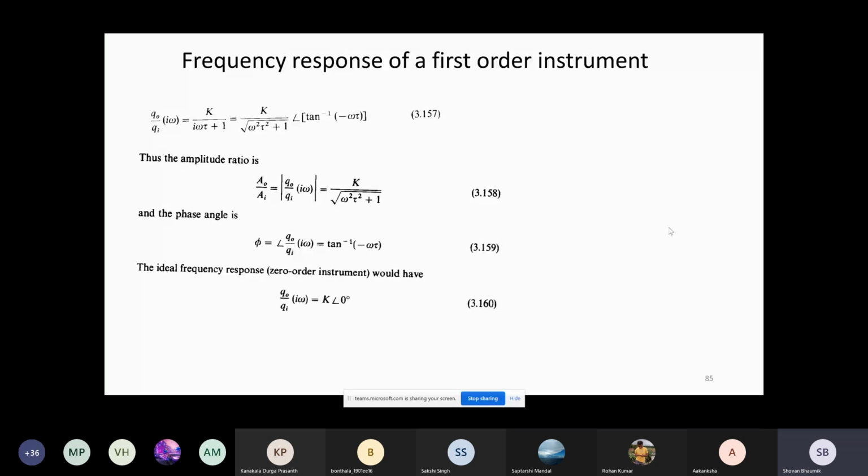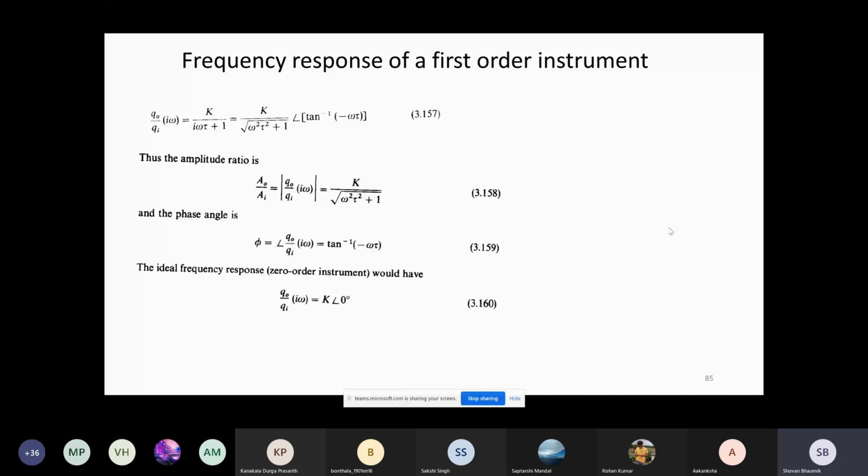Now let's come to the first order system. Our system is Q0 by Qi equals K by (j omega tau plus 1). That means we have two parameters: K, which is the static gain, and tau, which is not the rise time but the time constant of the system.